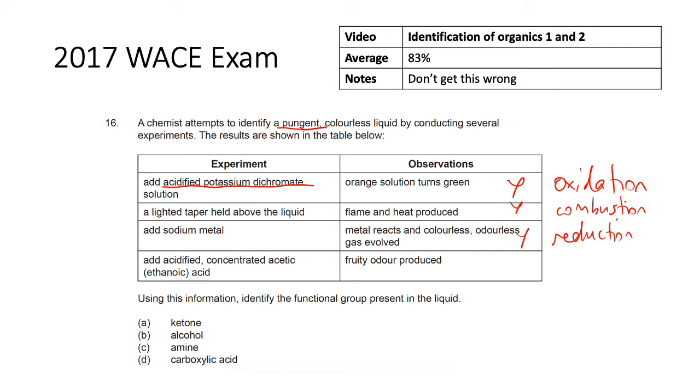And when added to acetic acid, it produces a fruity odor, which means that it's esterification. Because you added it to a carboxylic acid, this thing must be an alcohol. Alcohols also oxidize, so it's probably a primary or a secondary alcohol. And alcohols will also react with sodium metal. All right, let's move on.